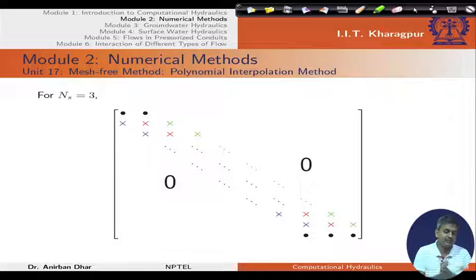If we increase the number of points in a particular domain, obviously we need to consider more points and will not get that banded structure like the finite difference case.